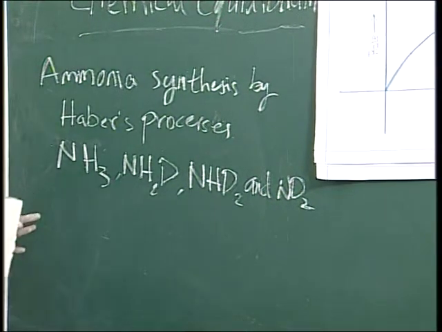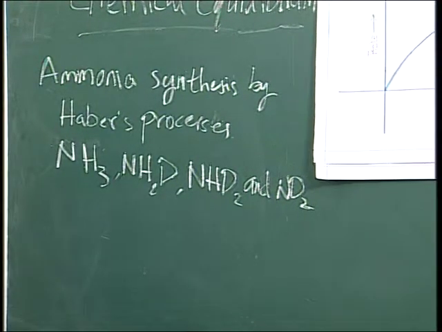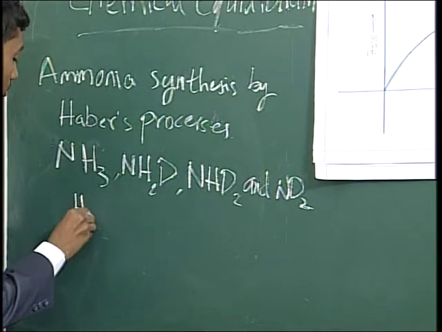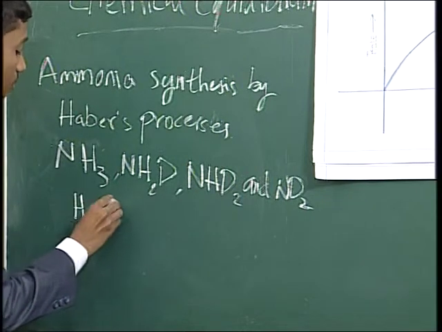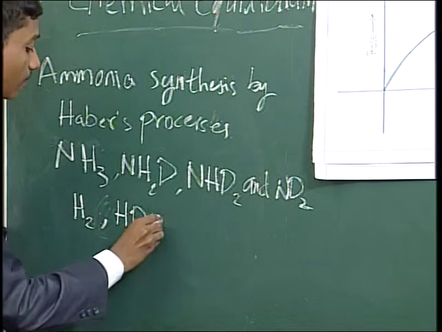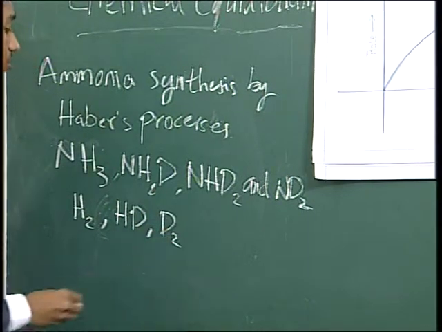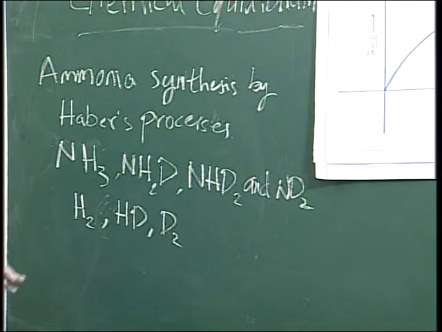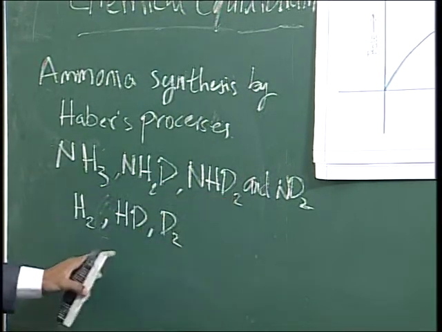And we will also find hydrogen in its deuterated forms like H2, HD and D2. We will observe that by combining the two reactions, along with the ammonia, these products are also formed.